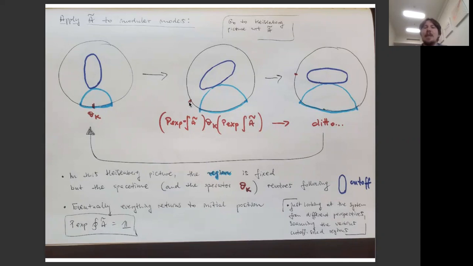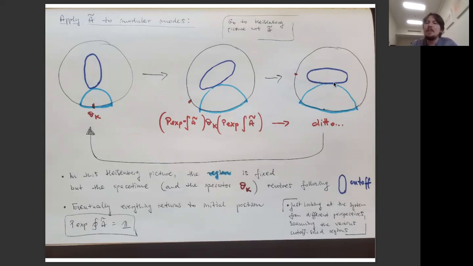That's what the Heisenberg picture with respect to A tilde is doing, where everything is shifted such that we can think of this surface as being unchanged, even though it now covers what was previously a different region, the next region in line. And after such a shift, the initial modular mode got transported, or it got transformed into this object. This is just conjugating it by the transformation matrix.